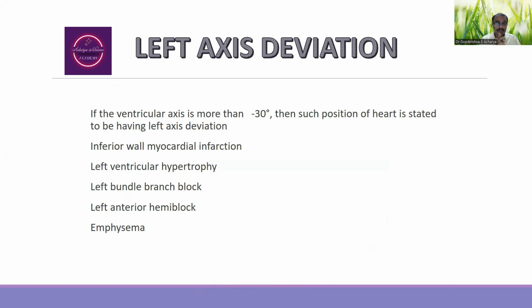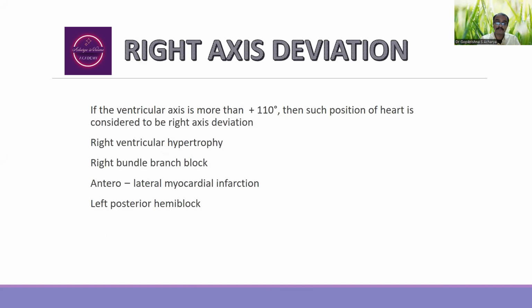And for right axis deviation, the conditions are right ventricular hypertrophy, right bundle branch block, anterolateral myocardial infarction, and left posterior hemiblock. These are the clinical conditions where we are going to expect right axis deviation.